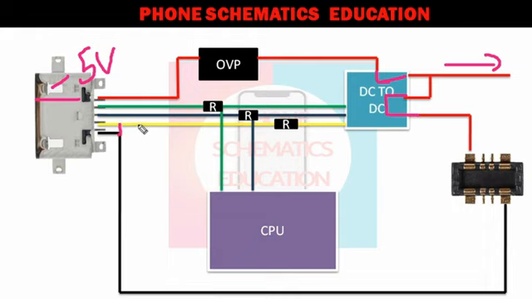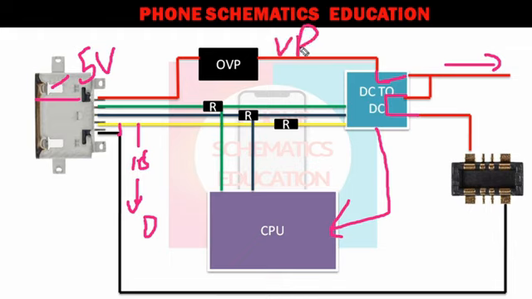When these lines are shorted, your 1.8 goes to 0. Your host mode activates, the IC senses it and gives a signal to the CPU. After this, the IC works in reverse, and your battery voltage is converted to the V bus line.